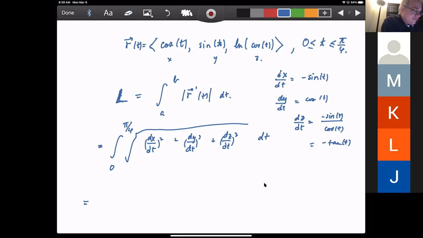It's minus tangent of t. All right, so dx dt squared is sine squared, dy dt squared is cosine squared, dz by dt squared is tangent squared.